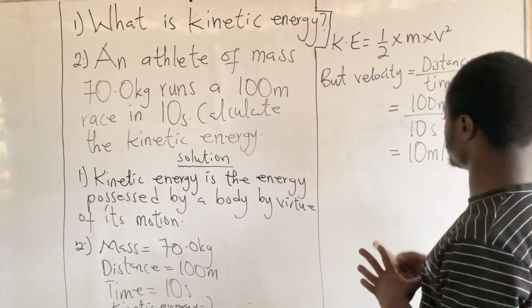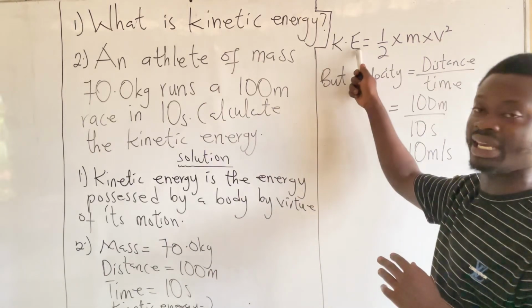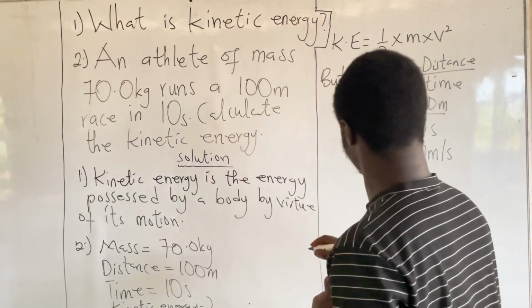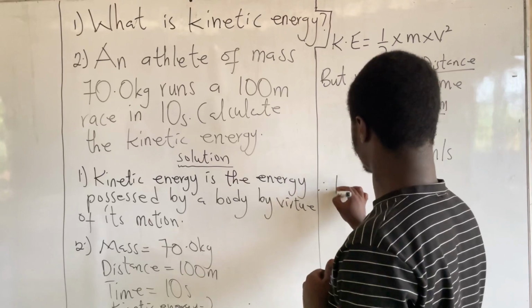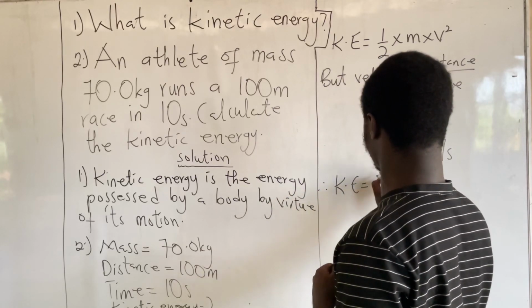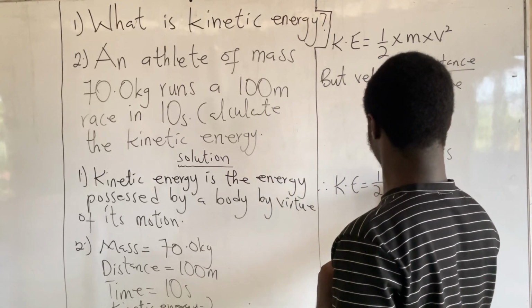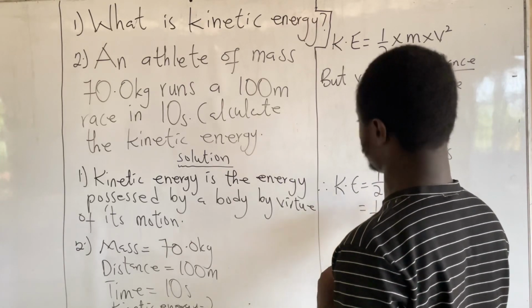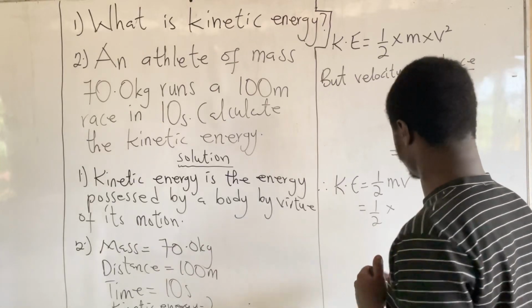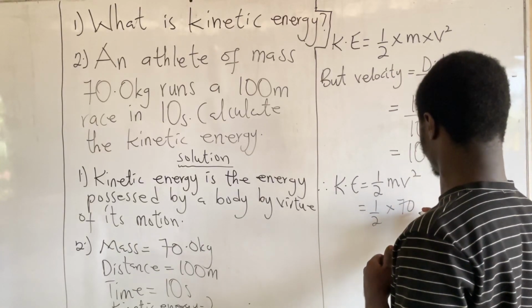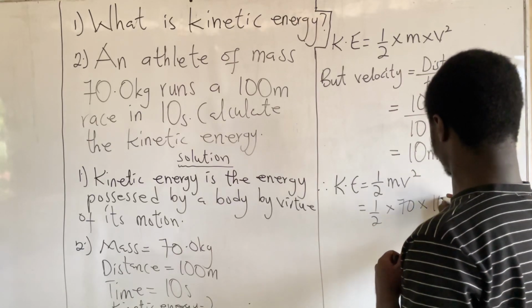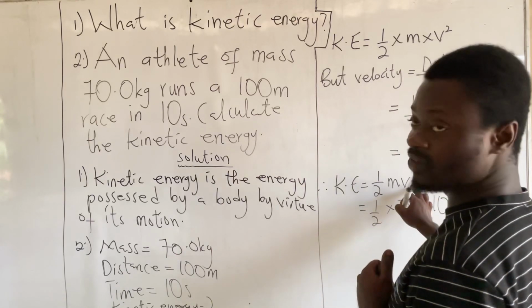Now let's use the information, substitute it into the kinetic energy formula, and find the kinetic energy of the athlete. So we can say, therefore, kinetic energy equals half mv squared. So this is half times mass is 70.0 times velocity, we just calculated it 10. So that will be 10 squared, since the formula is v squared.